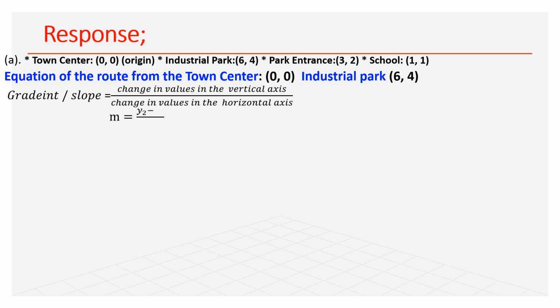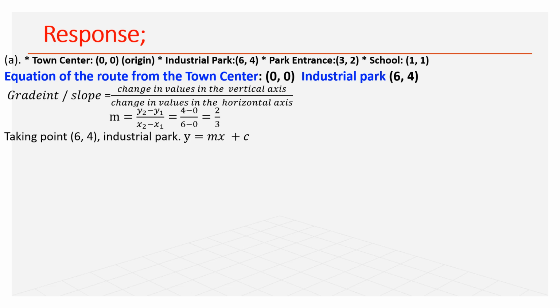Gradient, we agreed on that one. Change, we substitute. My y2 is 4, y1 is 0, x2 is 6, x1 is 0, then I get 2 over 3 as the gradient, which is positive, meaning it is directly proportional.